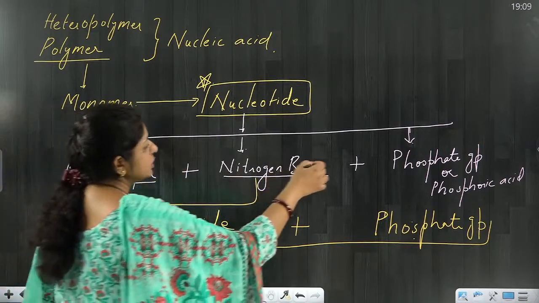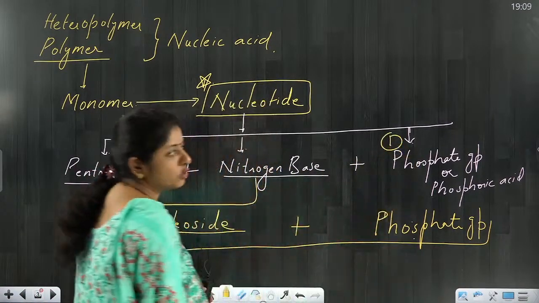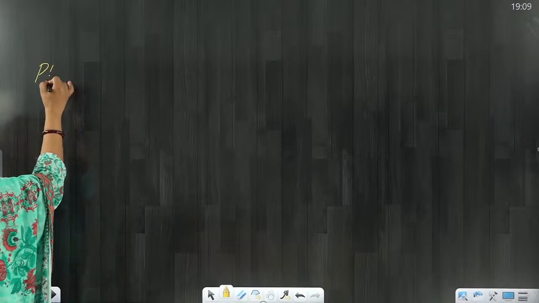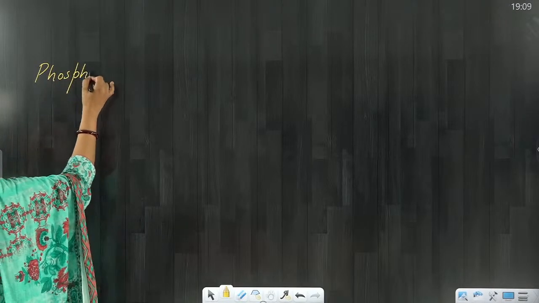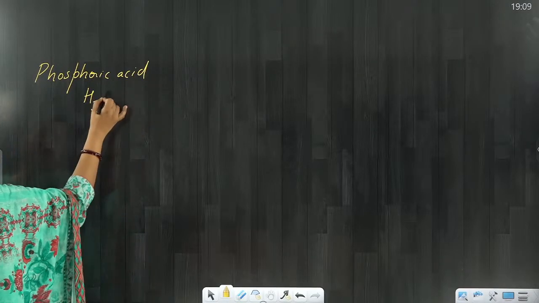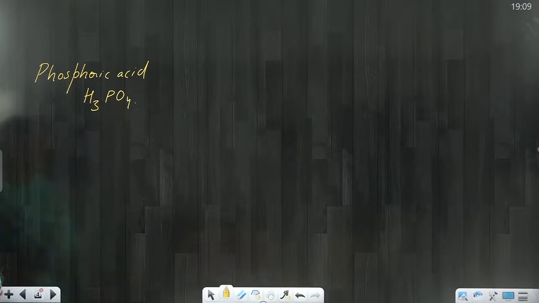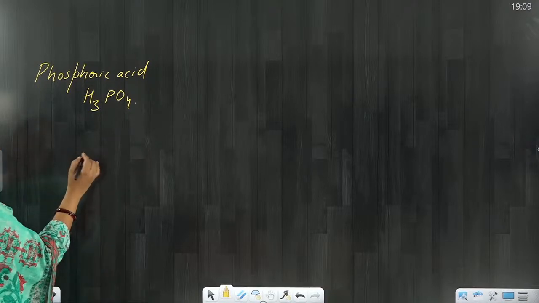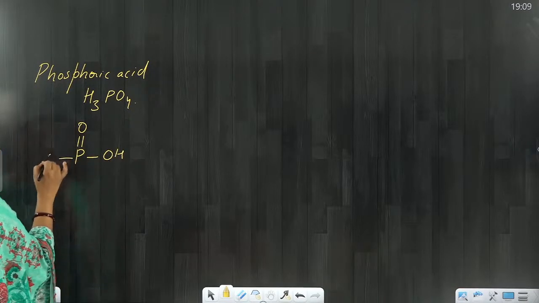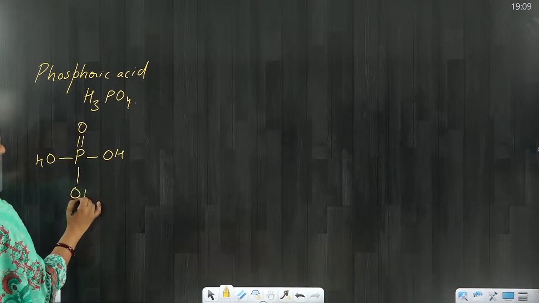I am taking first of all the phosphate group. For the phosphoric acid, what is the molecular formula? H3PO4. And what is the structural formula? Like this, we can represent its structural formula.